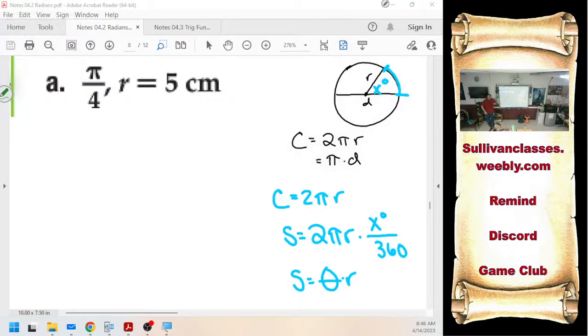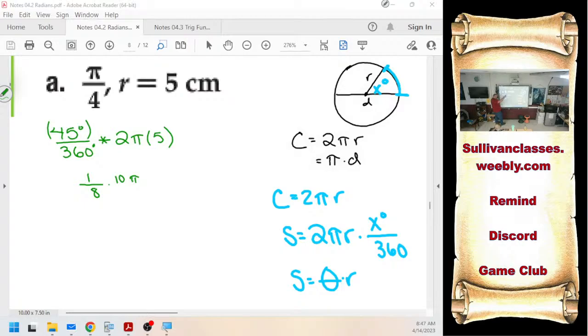Pi over 4 is how many degrees? 45. So if I took 45 degrees out of 360 times 2 pi r, well, 45 out of 360 is 1/8 times 10 pi, right?